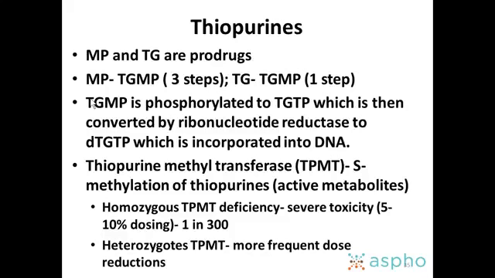There's a significant number of patients, about 20 to 25%, who are heterozygotes, where they could have some effect on their blood counts with standard exposures to 6-MP or 6-TG. And then there's a small homozygous group, less than 5% of patients, who can have very severe toxicity.